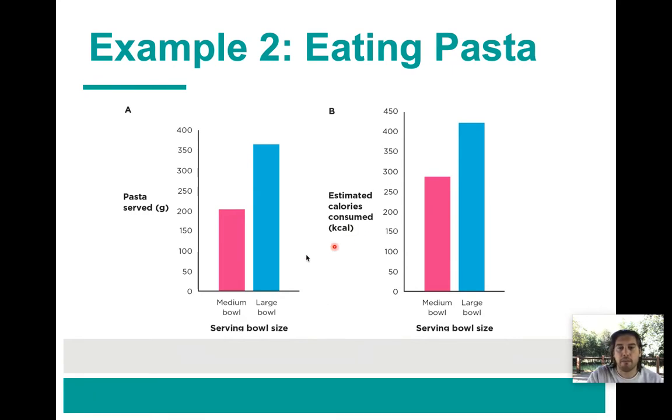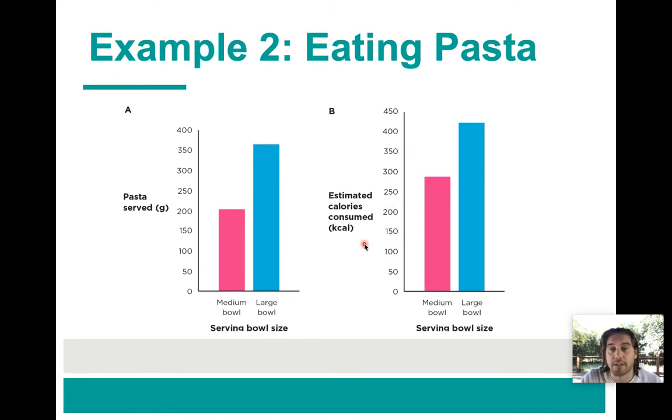And so here we can see that the independent or manipulated variable is bowl size. We have two options, medium and large. And we're hypothesizing that that independent variable is going to cause a change in our outcome variables: how much pasta you either serve yourself or how much pasta you eat.